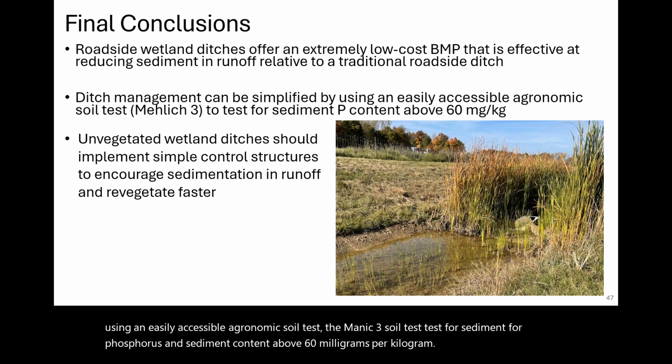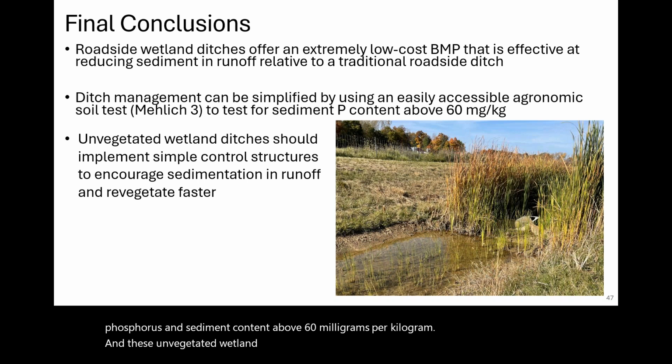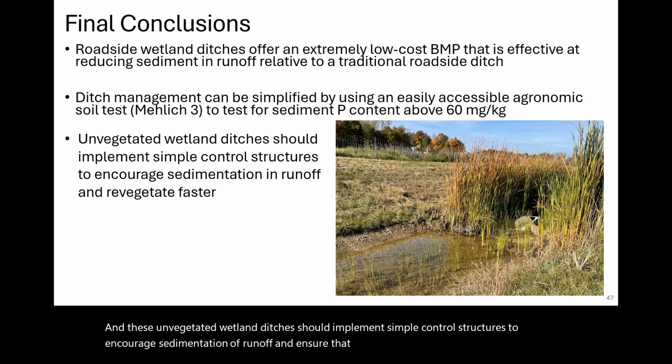And these unvegetated wetland ditches should implement simple control structures to encourage sedimentation and runoff and ensure that they're revegetating faster to the wetland conditions in order to optimize the water quality benefits.